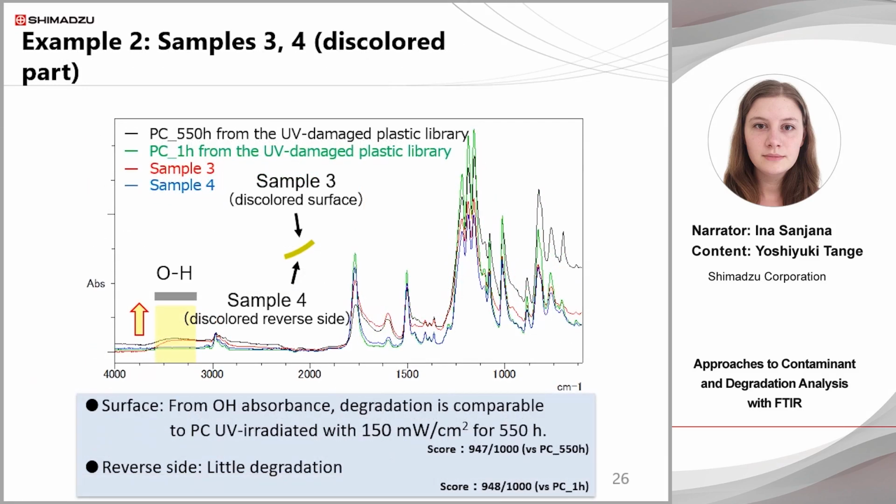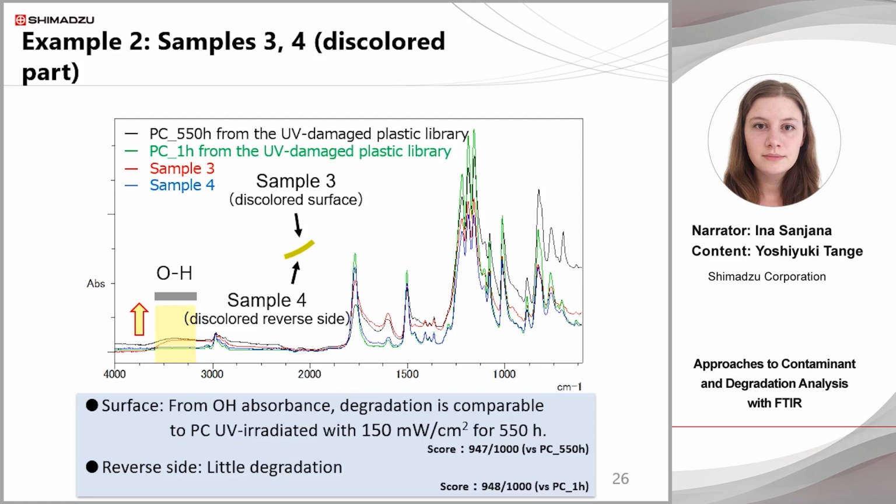Polycarbonate was a match for both sample 3 and 4 from the discolored part of the headlight. The coating agent on the surface that we saw for the normal part is not seen, and we assume it has been worn off. The spectrum of sample 3, shown in red, is compared with the spectrum in black of polycarbonate UV irradiated for 550 hours.